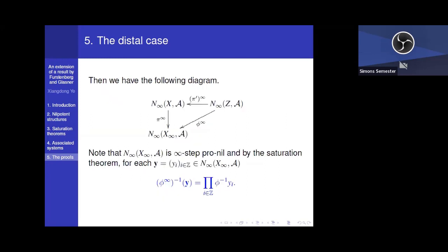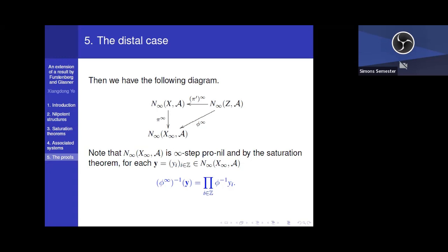Okay, then you have the following. You go to the associated system. Now we have explained this is again an infinity step polynomial system. Then the nice thing you know is that this pre-image is the product, by the saturation theory.